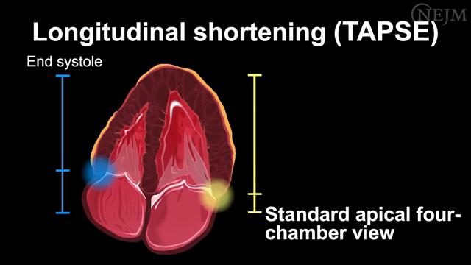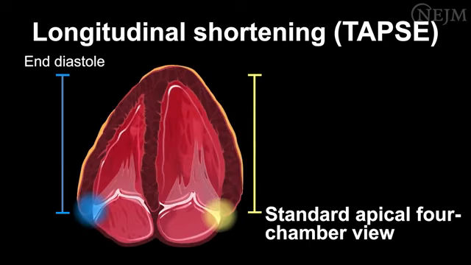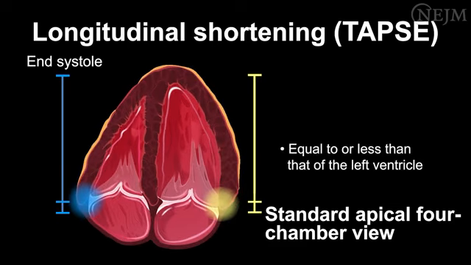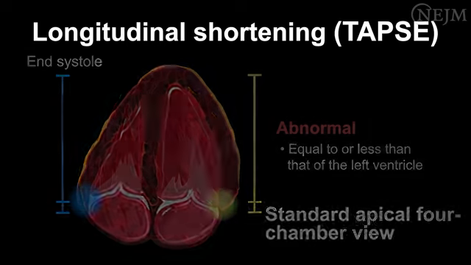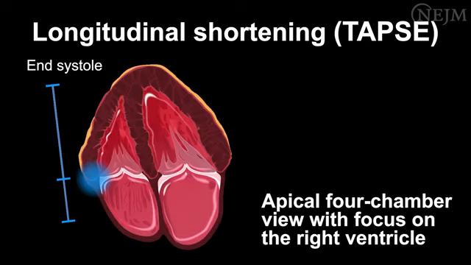When the longitudinal shortening of the right ventricle is at least twice that of the left ventricle, then right ventricular systolic function is normal. But when the longitudinal shortening of the right ventricle is equal to or less than that of the left ventricle, then function is likely to be reduced. Longitudinal shortening should also be evaluated in the apical 4-chamber view with focus on the right ventricle.